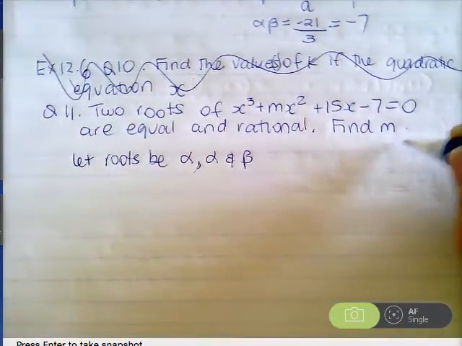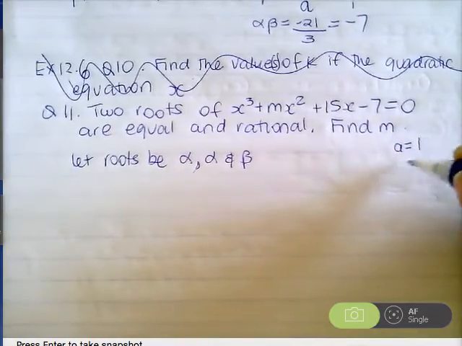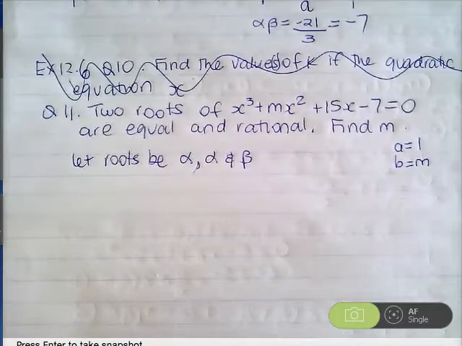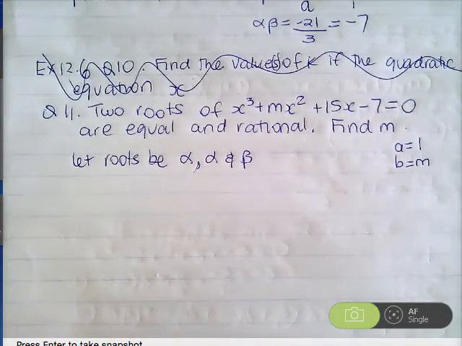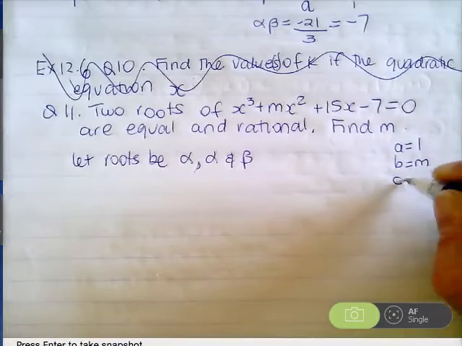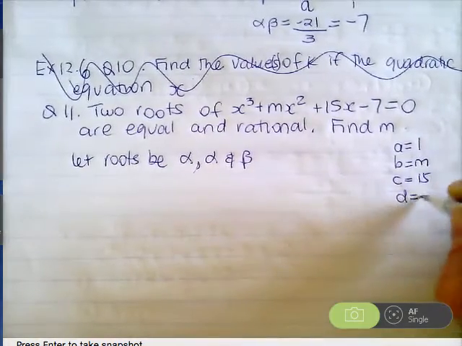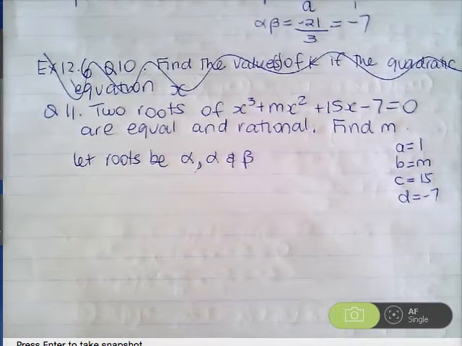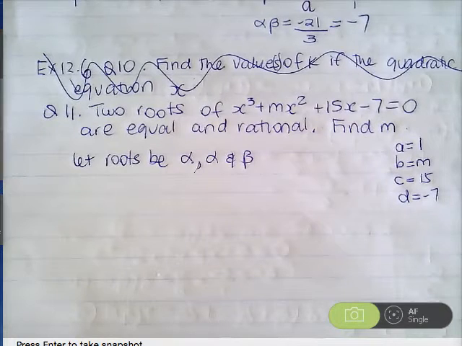And what is a in this, by the way? 1. What's b? So it'd be really good to use the b, wouldn't it? Because that would put the m into your equation. What's c? And what's d? Now we're going to have to use the equation with m, but I think we're still going to have 2 unknowns. So we're going to have to try and use another equation as well, because we might end up with simultaneous equations, all right?